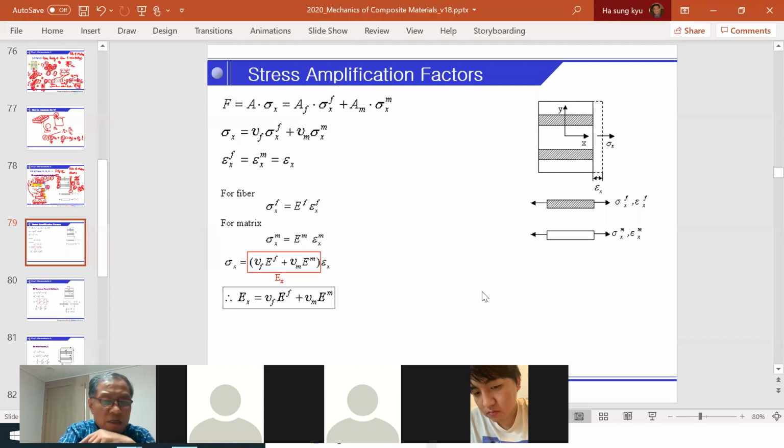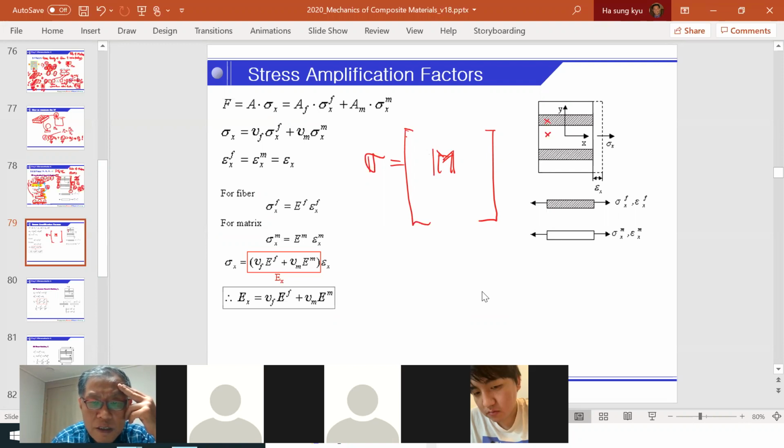And the stress amplification factors, well, just recalling sigma: the stress at any point, whether in the matrix or the fiber, equals a stress amplification factor, which is known as the M matrix, multiplied by the sigma bar.